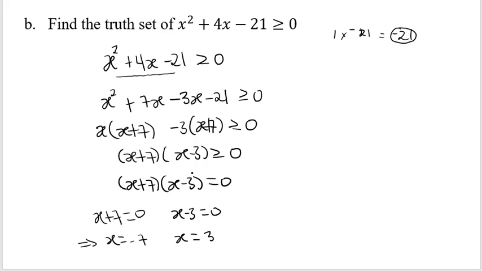Now, if you want to use the graphical approach, let's assume that we have our graph here. This is not drawn to scale. We are assuming that we have our negative 7 somewhere here, then we have our positive 3 also here.